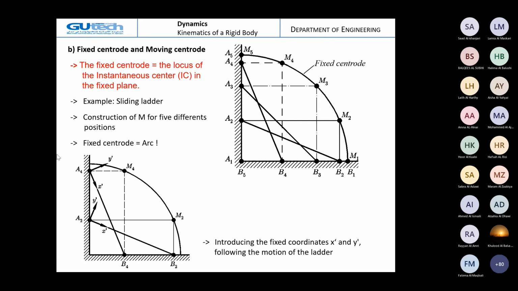Then we introduce the coordinate system x prime and y prime, which is rotating relative to the fixed coordinate system. This point is fixed. We will see it during the next lectures, to make a distinction between the fixed coordinate system and the relative coordinate system.